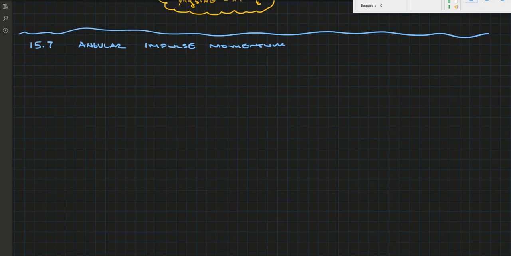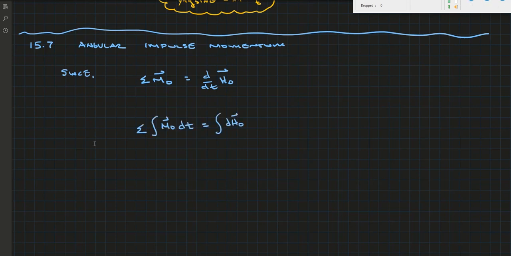Okay, moving on to section 7. Since we have this relationship, we can look at this differential equation, separate variables and solve it, going from T1 to T2 over here, and H01, the angular momentum initially, and the angular momentum final. You'll recall this is similar to what we did before with forces and momentum.